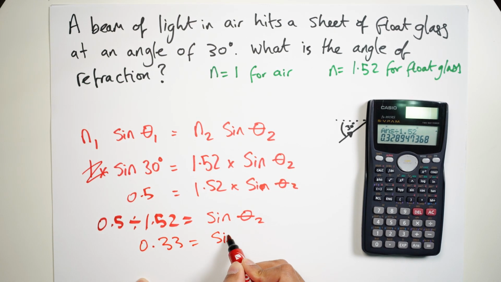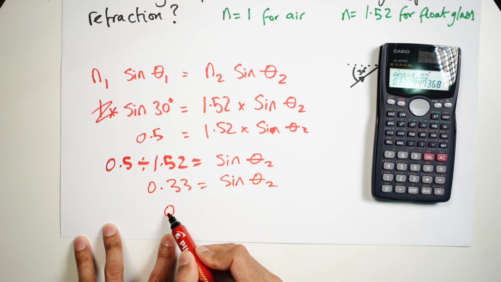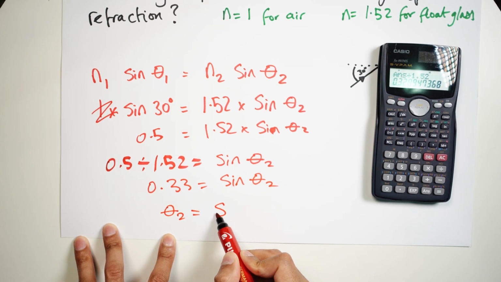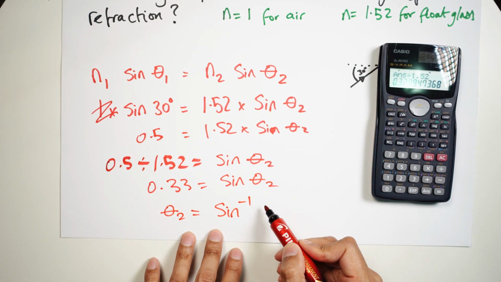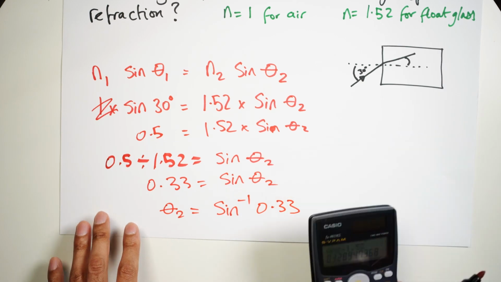Now this is sine theta 2. In order to get theta 2, what we've got to do is this. Theta 2 equals sine minus 1 on your calculator of 0.33. So let's work that one out.